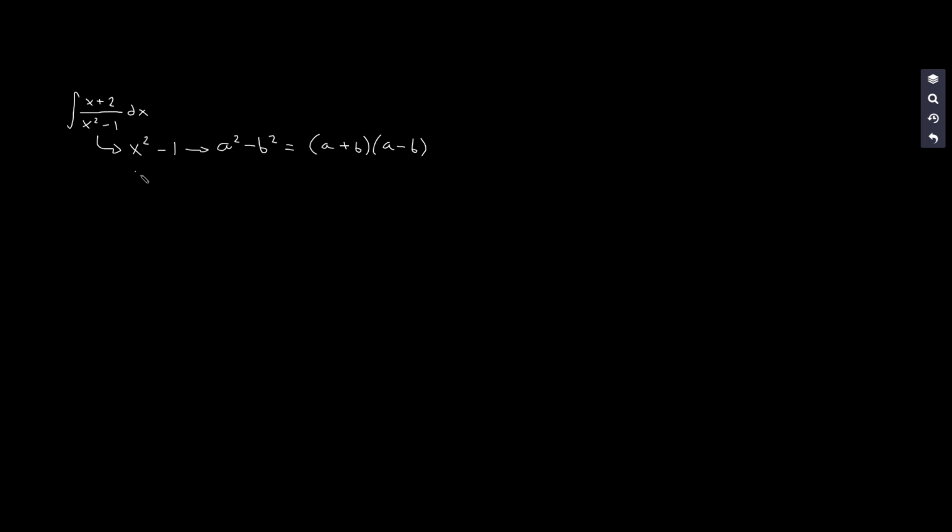So then that means that x squared minus 1, well, that means that this equals x plus 1 times x minus 1. And so then, interestingly enough, we have two linear factors.